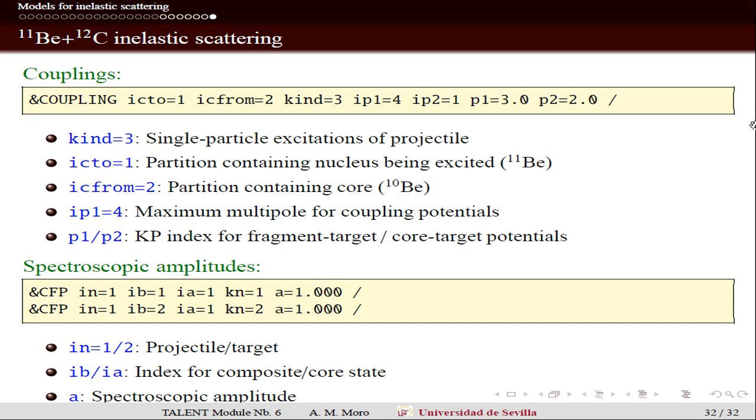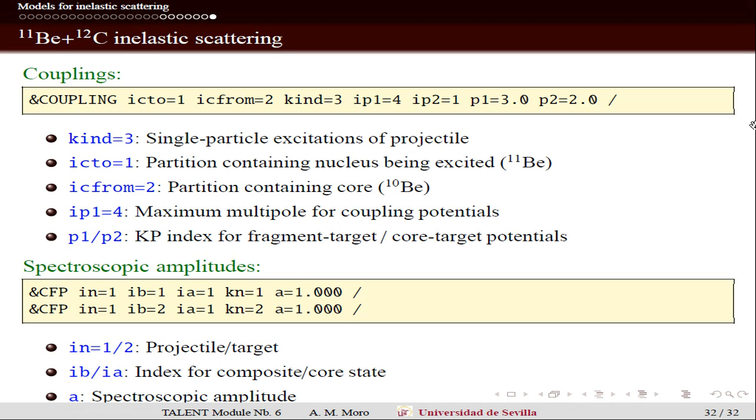Remember that we decided that the valence target potential would be number 3, so P1 is 3, and P2 corresponds to the core target potential, that is the beryllium 10 target. I know there are a lot of variables, but you will have this slide this afternoon with you, so you can go there and try to modify according to the example that you will have to do. This is just a rough explanation.